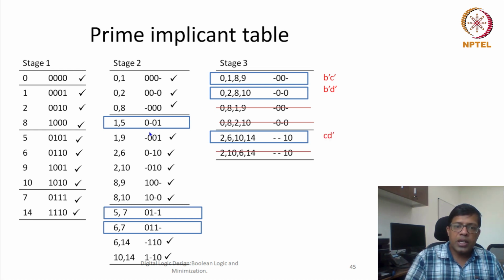This one can be written as A dash C dash D, this one as A dash B D, and this one as A dash B C. So this is how we can find the product term for each of these groups.